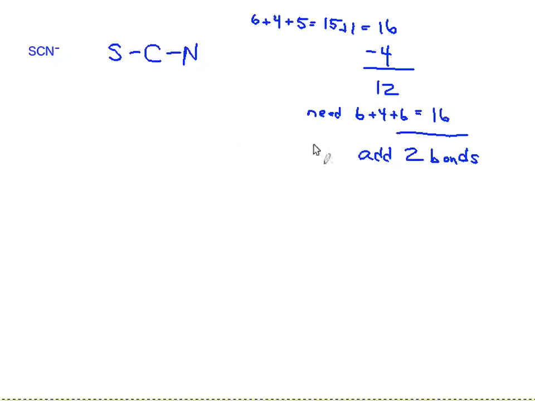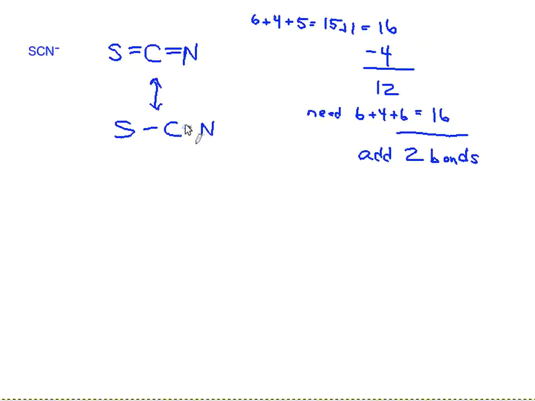Now this is where resonance structures come into play. I have a choice of where to add these 2 bonds, and that choice will lend itself to form other resonance structures. Okay, so let's just add these 2 bonds in the most obvious place. I'll add one here and one there. Okay, but let's show the other choices.